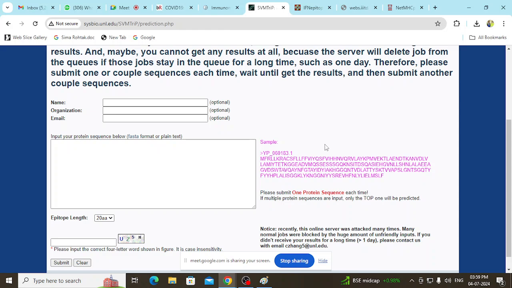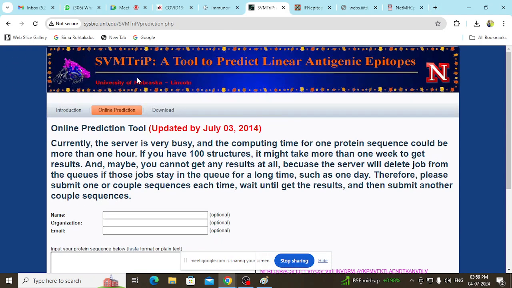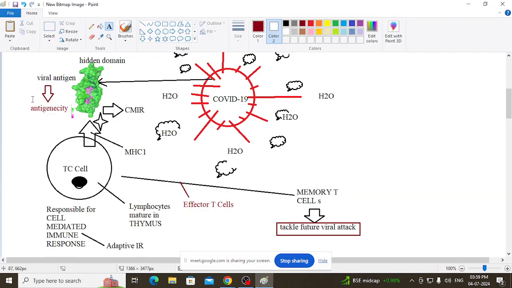We'll find out the linear antigenic epitope by using this particular tool, and eventually we'll figure out whether this condition is met or not.